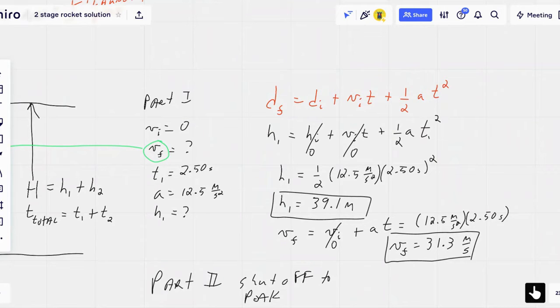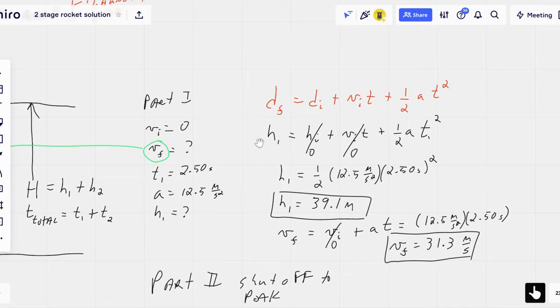If we look at our list of equations, we have an equation for the change in displacement, which you can rewrite as the final position equals the initial position plus initial velocity times time plus 1/2 acceleration times time squared. If I put in h where I see d for displacement, it's written this way. The initial height is 0, the initial velocity is 0, so those terms cancel out.